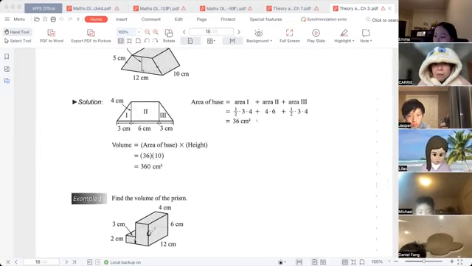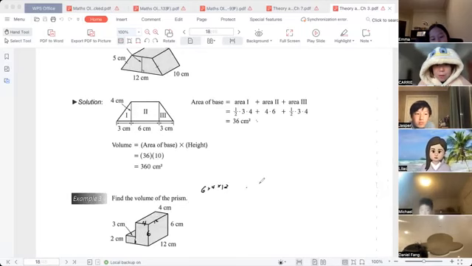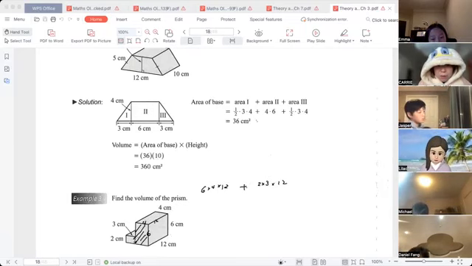So we know this is 6, and no, wait, this is 4. So we're going to do 6 times 4 times 12, right, for this bigger one. And for the smaller one it is 2 times 3 times 12. You add them together, that's the volume, okay? And also, you can think about the whole thing as this one as the base area.